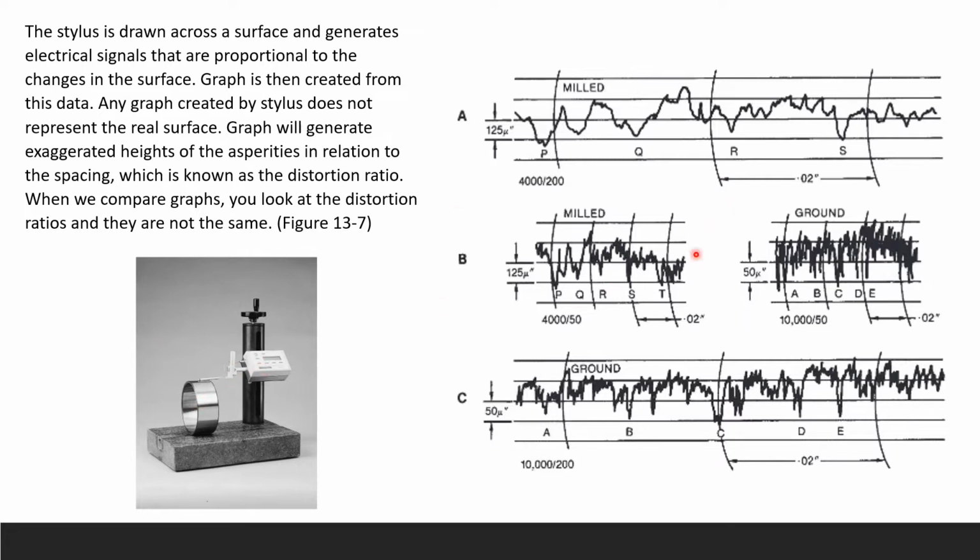Any graph created by a stylus does not represent the real surface. The graph will generate exaggerated height of the asperities in relation to the spacing, which is known as the distortion ratio. So when we compare the graphs, you look at the distortion ratio, which is right here, and they're not the same. You can see that's 4,000 divided by 200.